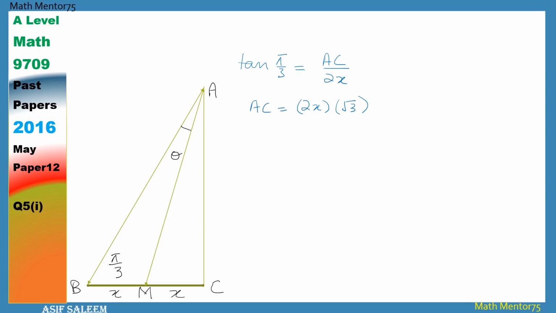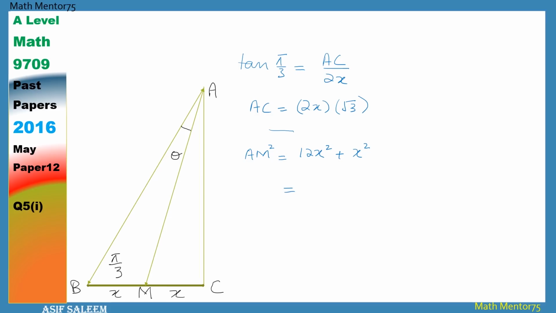Now we have to find out AM length. Now consider triangle, right angle triangle AMC. AM is hypotenuse. So AM square is equals to AC square. This means AC square, that would be 4 3s are 12x square plus MC square, which is x square.